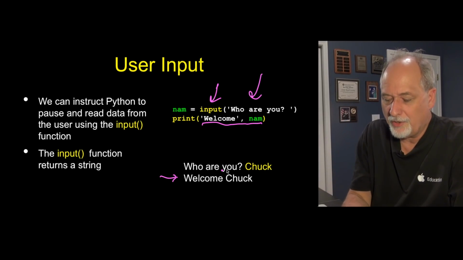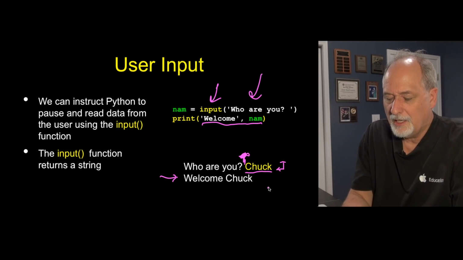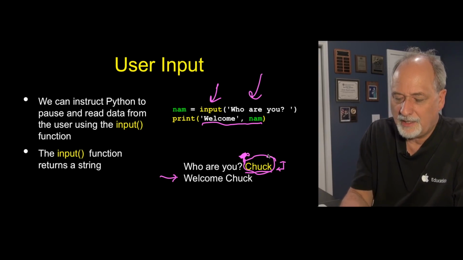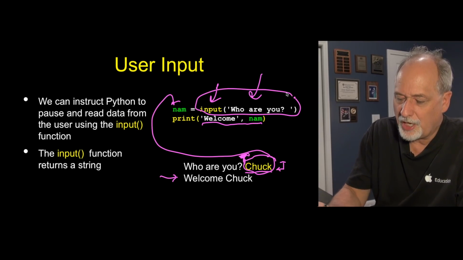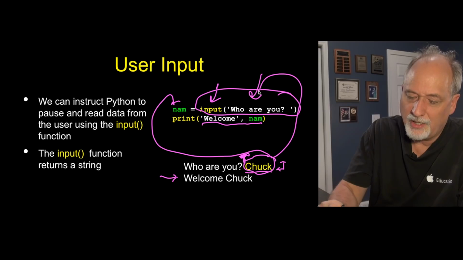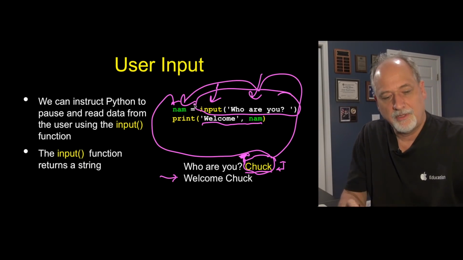So it says, who are you? And then right here it just sits, waiting for us to type something. So we type Chuck, and then hit the enter key. Then this text ends up in this variable. So this is an assignment statement: the result of the input call, Chuck, gets copied into the nam variable.